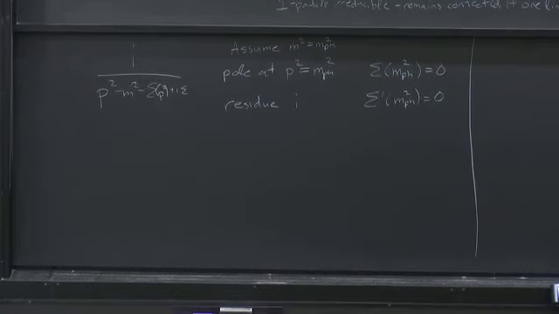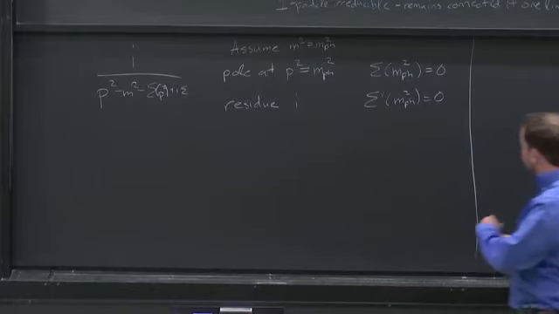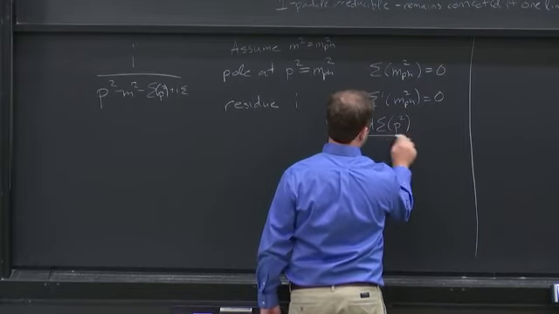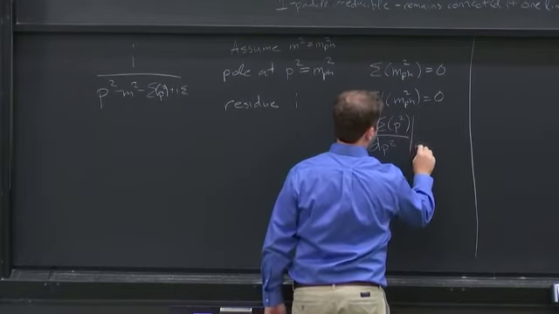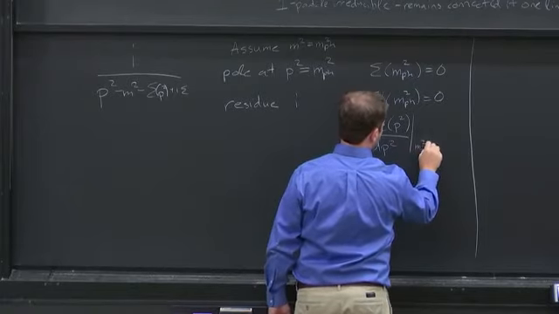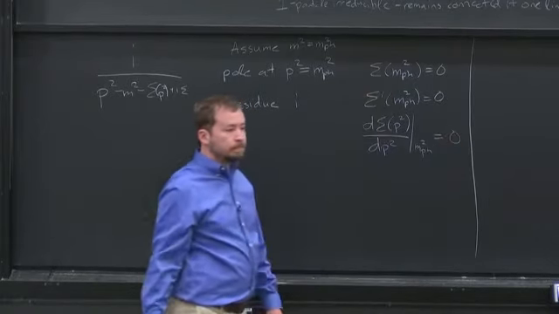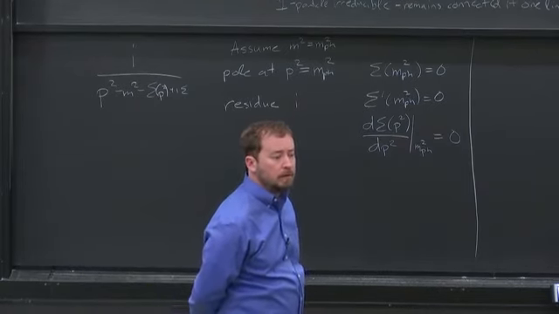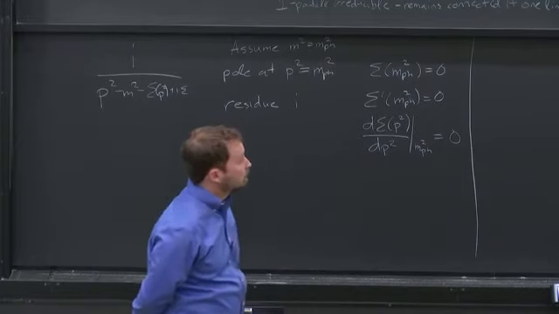Yes. Sigma prime here is a derivative. This sigma prime of m squared means the derivative of sigma of p squared with respect to p squared, evaluated at m squared. Here we added 2 numbers, the z and the y.